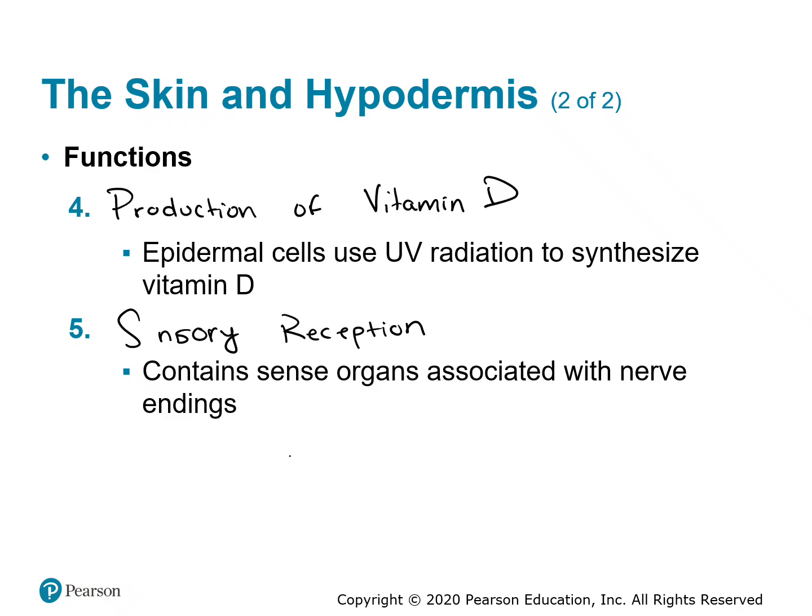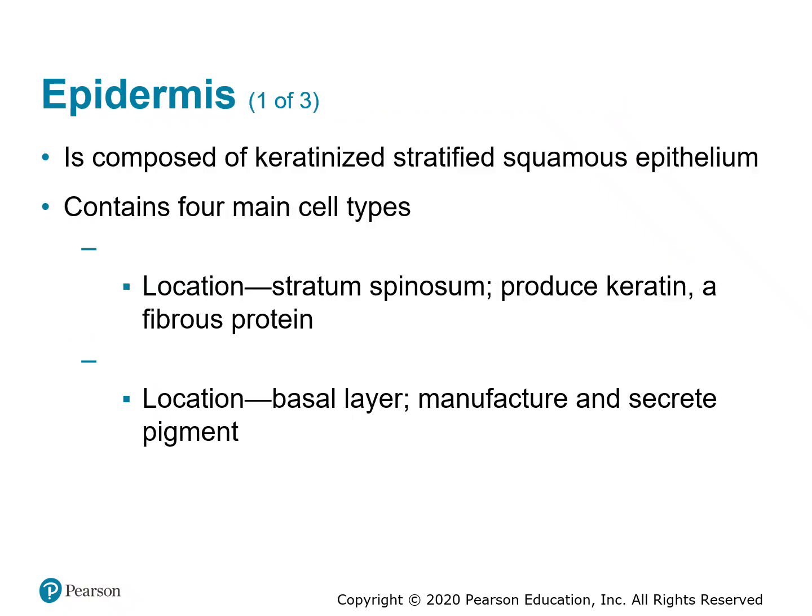So now that we've talked about the functions of the skin, let's talk about the skin itself. The epidermis is made up of keratinized, stratified squamous epithelium. What would I expect to see if I were to look at these cells underneath a microscope? Would I expect to see one layer or many?